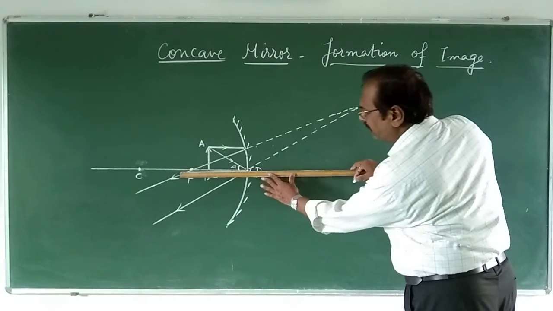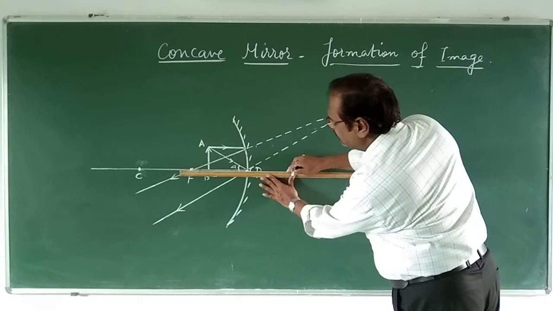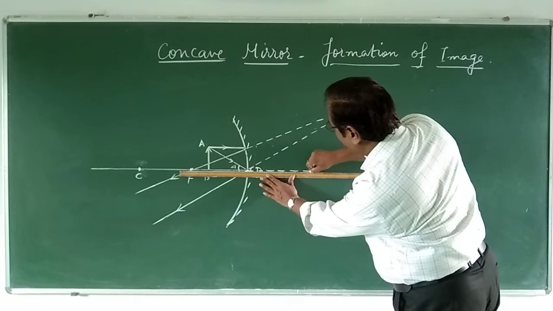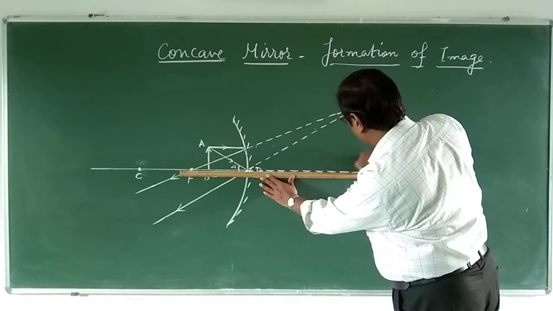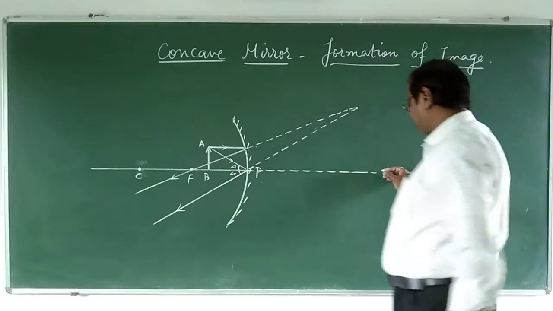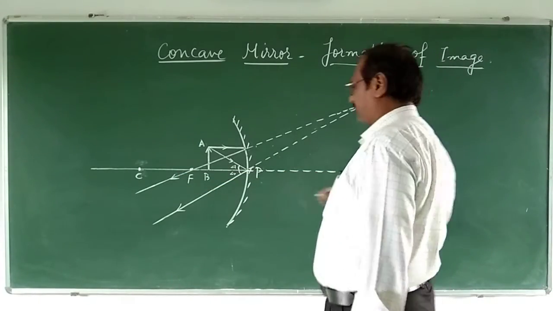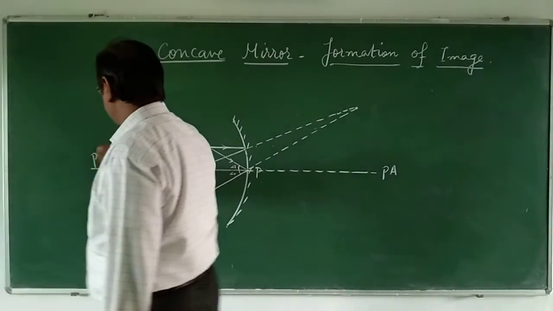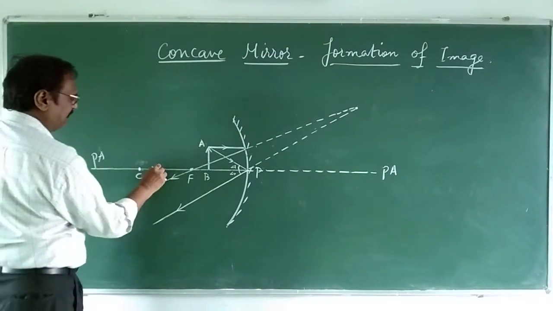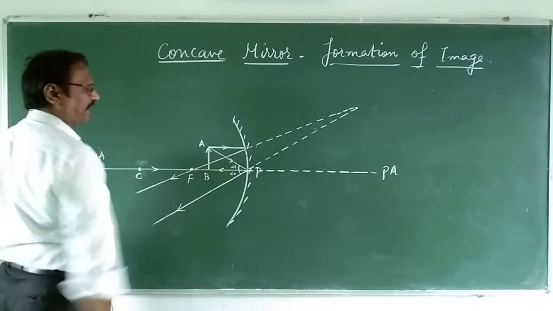So let me take the point here and let me extend the principal axis backward also. Remember, we use dotted lines because it is not real, it is imaginary. So I extend the principal axis in the backward direction. A ray incident along the principal axis will reflect back, rebounds back.